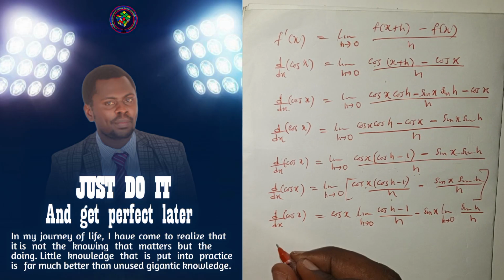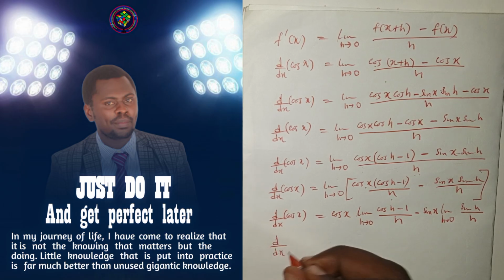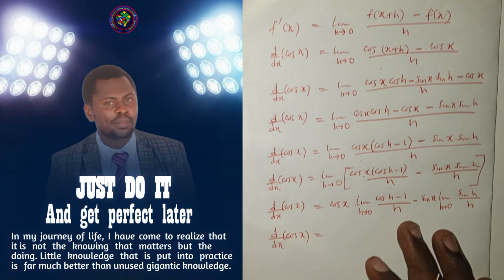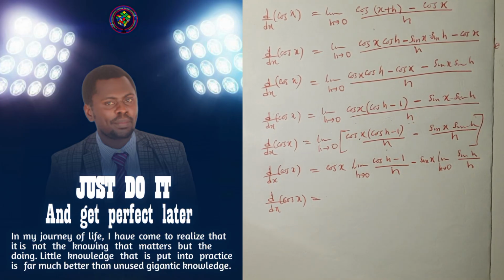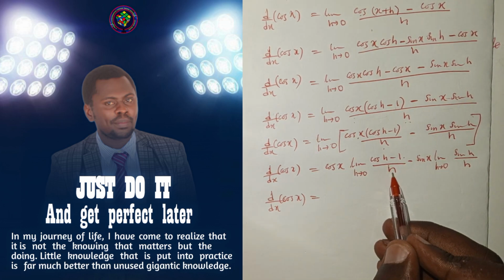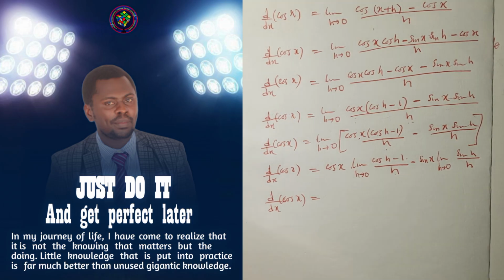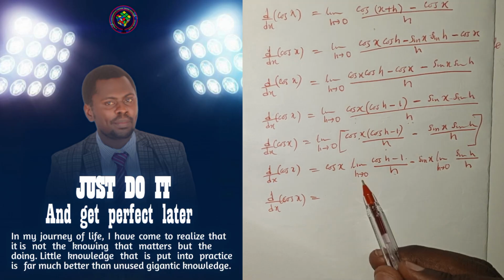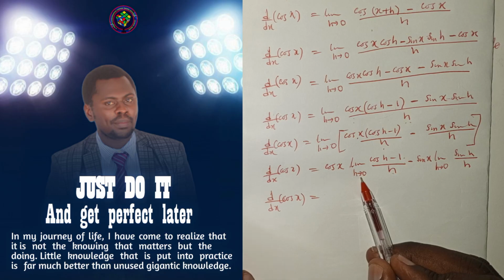Then we have d/dx of cos x is equal to, what we should remember from limits is that the limit of cos h minus 1 over h as h approaches 0 is 0.